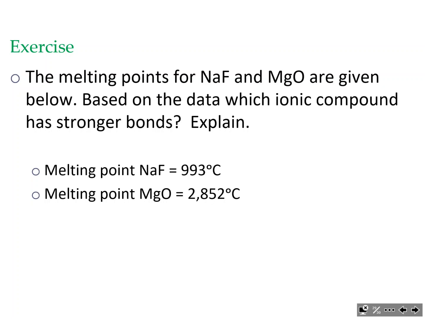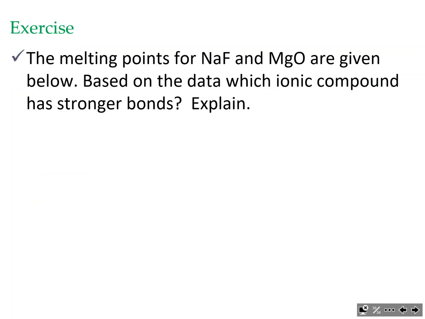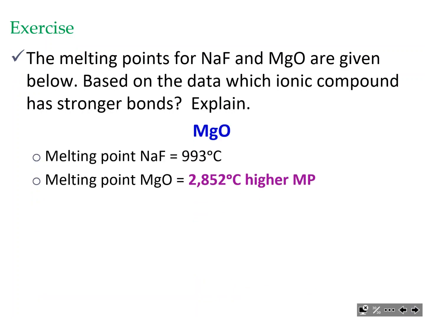So which one is definitely going to have stronger bonds? MgO. We look here, MgO has the higher melting point. For comparing these, this is +1, -1, and this is +2, -2.